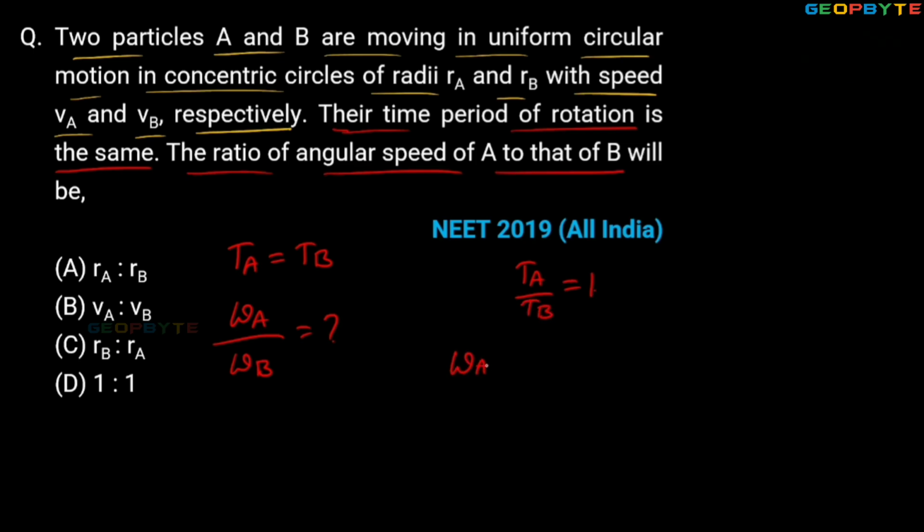Then omega A by omega B must be equal to TA by TB, that is equal to 1. Therefore, omega A is to omega B is equal to 1 is to 1. Look at option D. Option D is absolutely correct. Understood clearly?